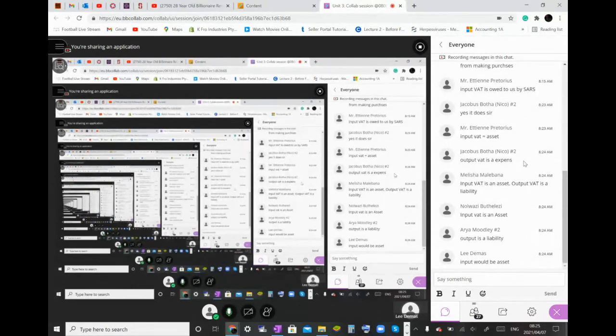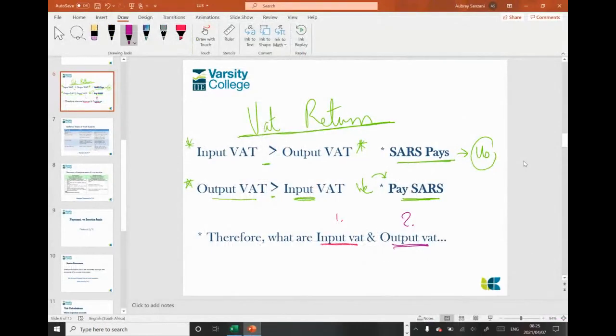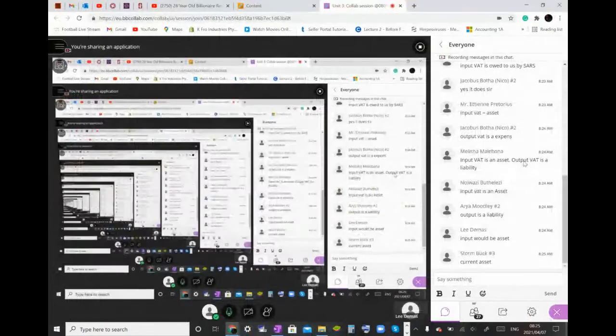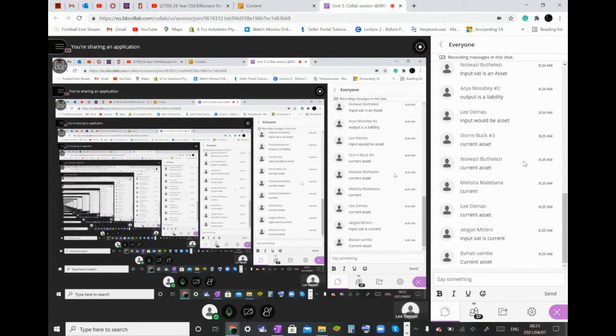We all agree that input VAT is an asset. But now, what type of asset is it? Is it a current asset or a non-current asset? In other words, is it a long-term asset or a short-term asset? Somebody tell me there in the chat. Stone says it is a current asset. Bahati also says it is current. Abigail, current.